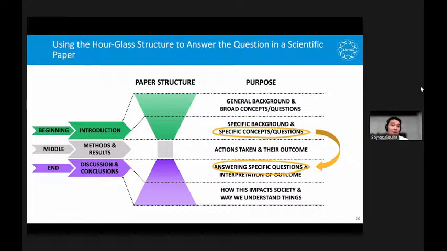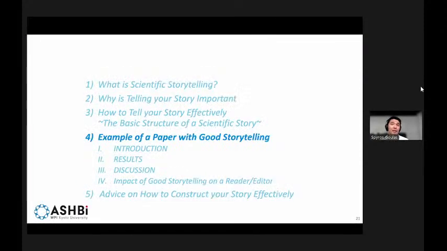Although we now have a common understanding of what the basic structure of a paper looks like, it's difficult to visualize how this actually looks with just simple concepts. So next, let's have a look at an example of a paper which contains good storytelling.